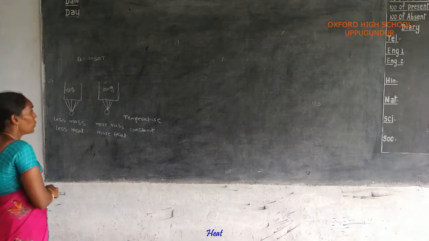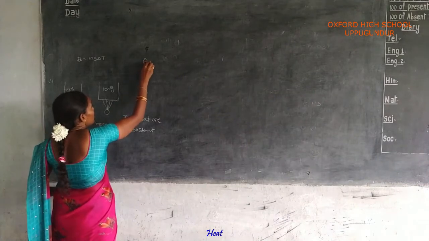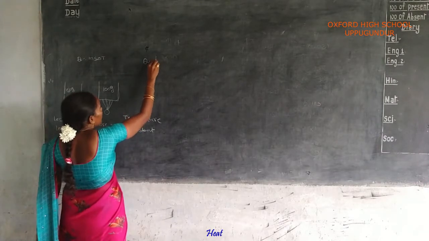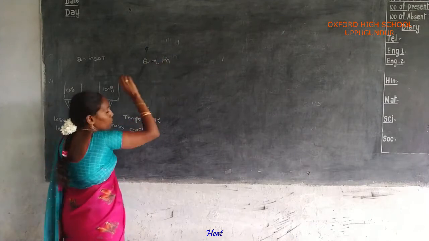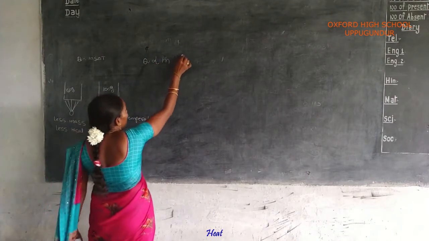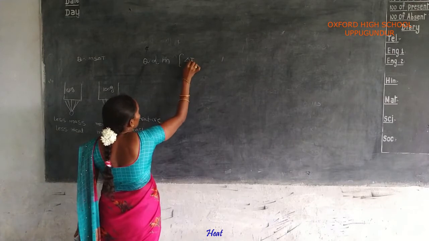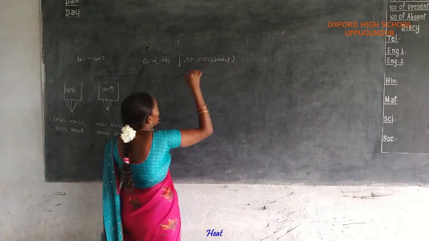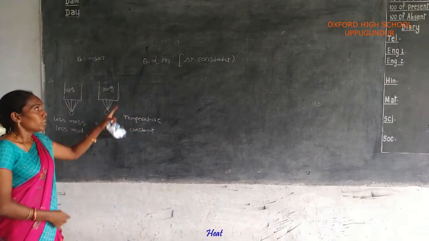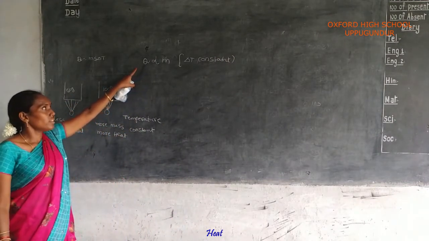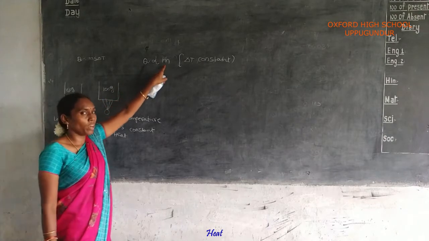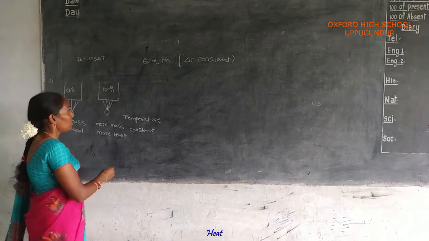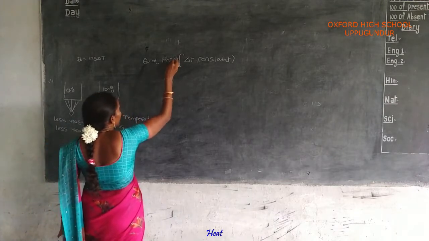Here, the amount of heat energy is always represented by Q. The amount of heat energy is always directly proportional to the mass of the body or mass of the substance when the temperature remains constant. Okay, this is equation number 1.